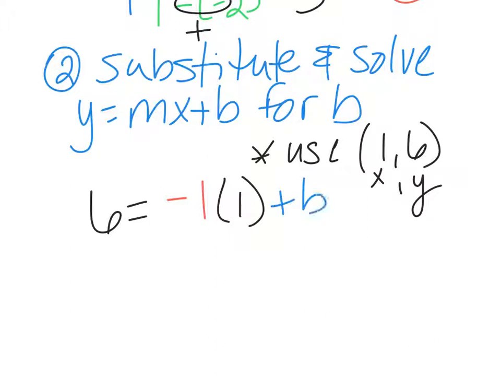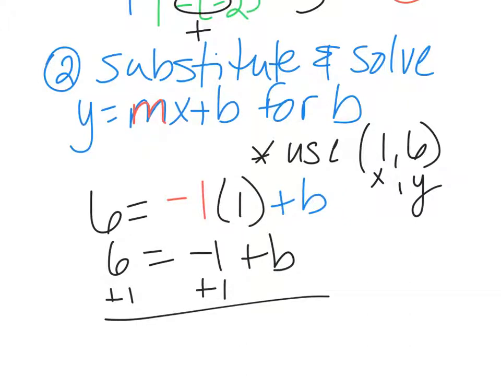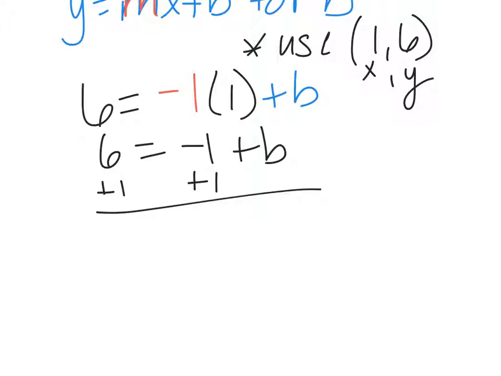Alright, so now we just do the math. 6 equals negative 1 times 1 is negative 1, plus b, add 1, b equals 7. So I know that the y-intercept is 0, 7.